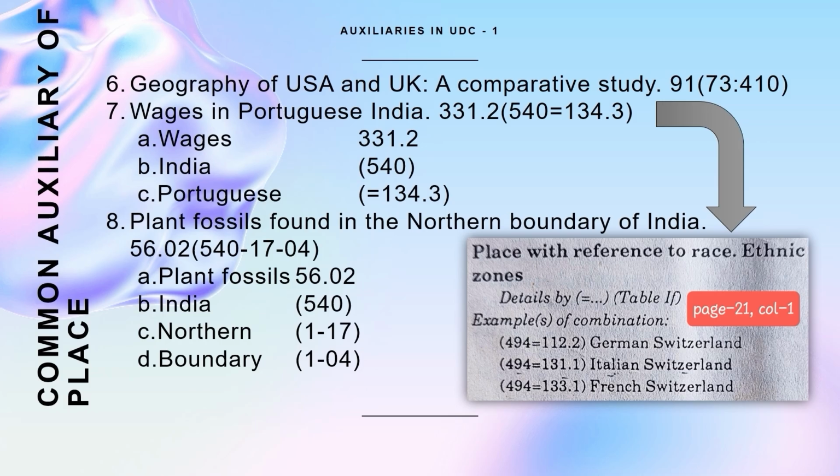Okay, so the northern India may be the number within parenthesis 540-14, and boundary of India, that is 540-04. So the class number will be 56.02 within parenthesis 540-17-04.